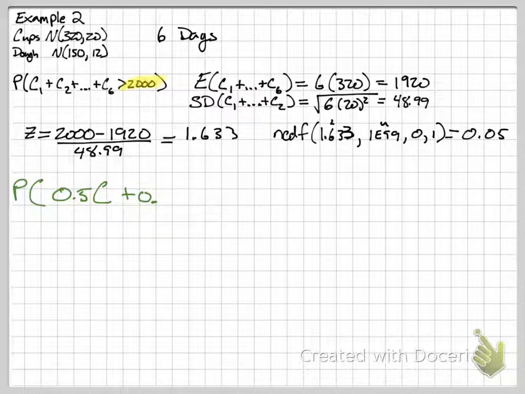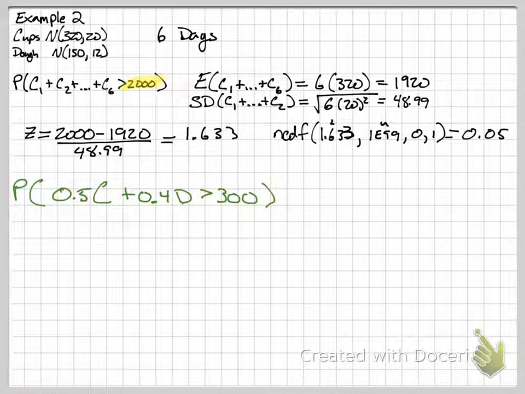So again, 0.4 times each donut. And we want to know, can he reasonably expect to have a day's profit over $300? So we're going to go greater than 300. That's our probability that we're looking for.